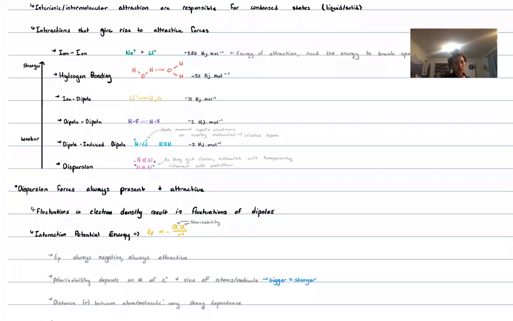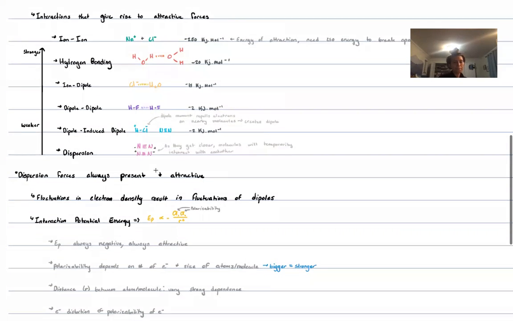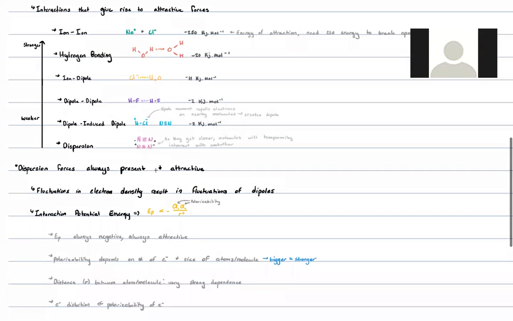And so again, your weakest force is always going to be dispersion, and your strongest force is going to be ionic. But when actually dealing with non-ionic bonds, it tends to be hydrogen bonding, which is why we see water as something so special, and hydrogen is such a special element because it has the ability to bond to the O and the N, and there's one other element, but I can't remember it off the top of my head. Fluorine? Yes, fluorine.